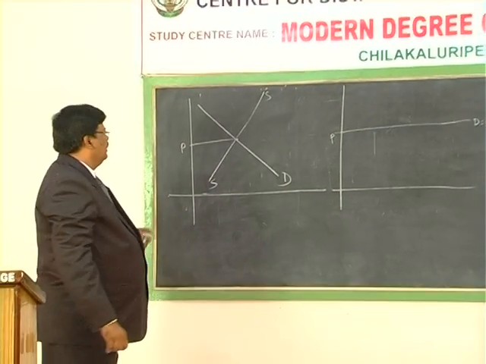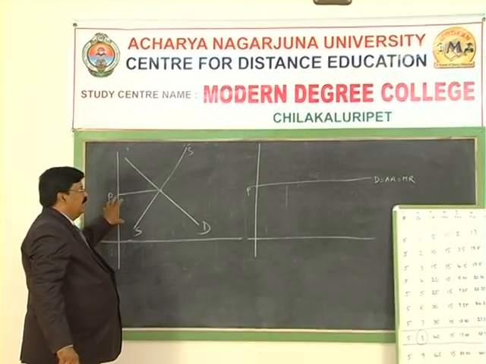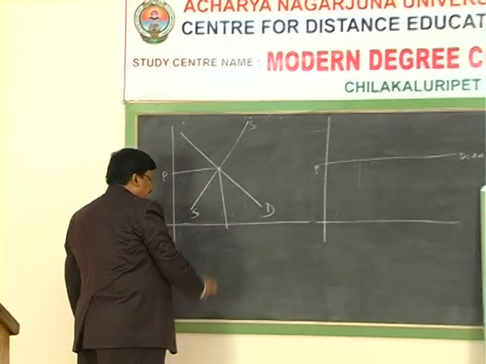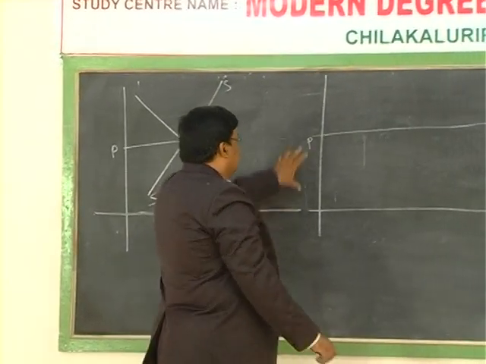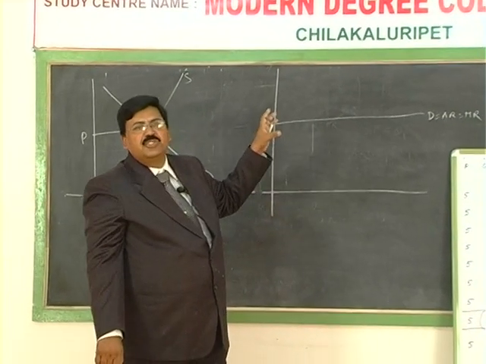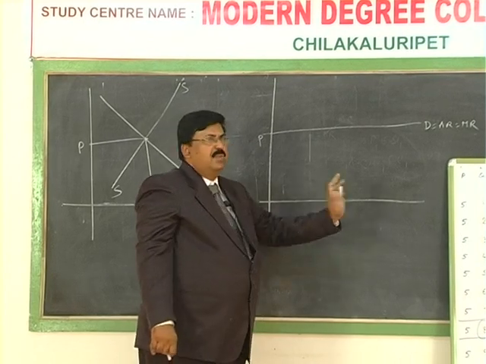The initial situation is that total market demand and market supply determine equilibrium price and equilibrium quantity. And for the firm, this price is given. The firm is a price taker but not a price maker. So at the price, it can sell any number of units of output.